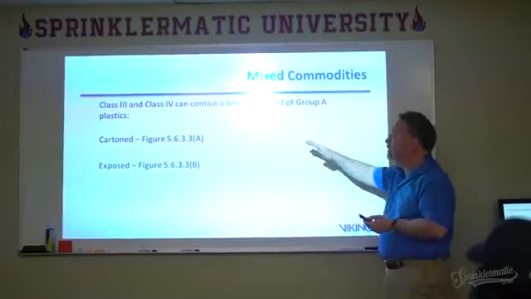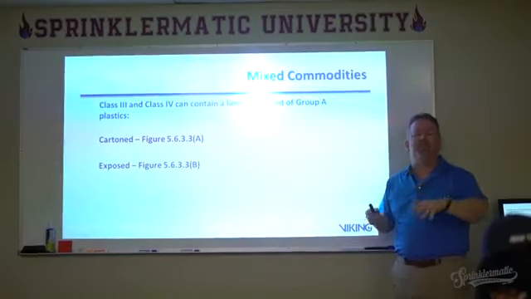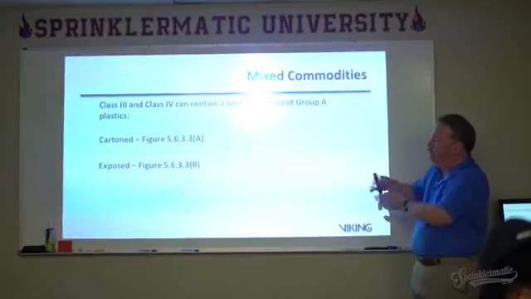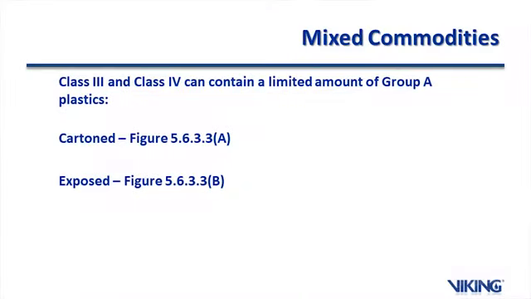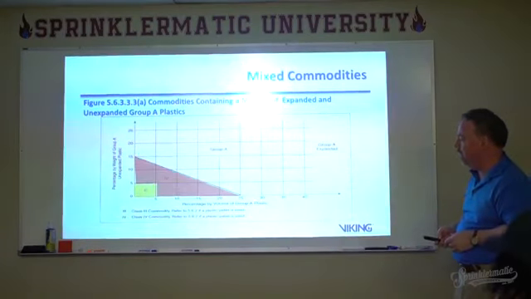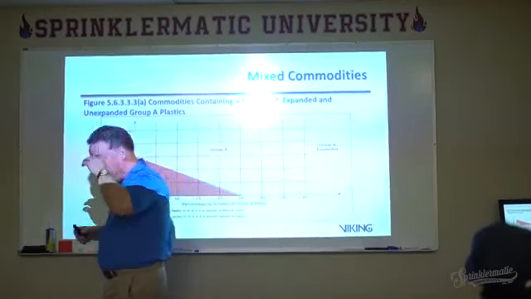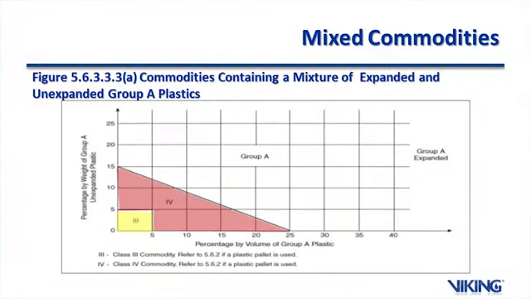So when we take a look at these, how do we determine that language from before, that class 3 and 4 can contain a limited amount of group A plastics, cartoned or exposed for B? In this particular case, what we have is a table or a figure in NFPA 13 that shows you what we were talking about before with commodities containing a mixture of expanded and unexpanded group A plastics.